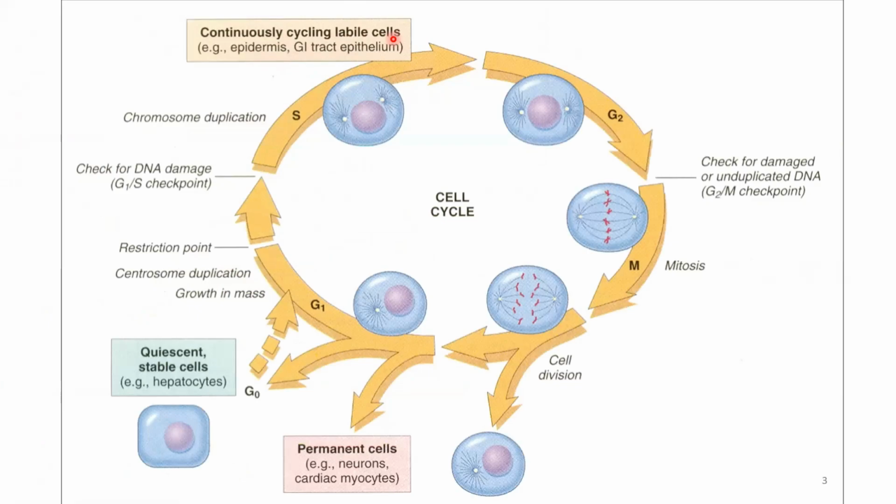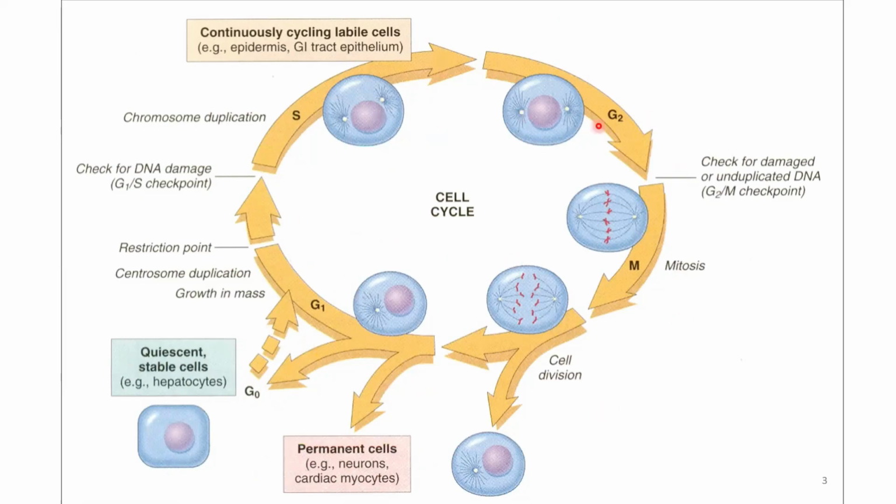There are also stable cells which have the capacity to divide, but after one cycle they go into a G0 phase or a resting phase, and they retain this proliferative capacity, but do not divide until there is a trigger. An example for that is hepatocytes. And of course, we have permanent cells which do not replicate after birth, that is your nerve cells and cardiac cells or cardiac myocytes. So this is the cell cycle.